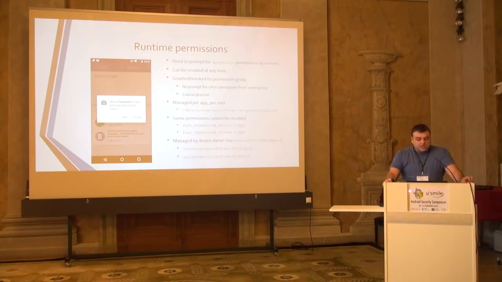Another important change is that runtime permissions, unlike install time permissions, are managed per app and per user. So if two users install this application, one user can allow the application to use the camera, the other one might deny it. Of course, permissions can be revoked, but some cannot be. This is governed by the device policy, which you can set with the device policy manager. So basically, the toggle will be disabled or not shown at all.